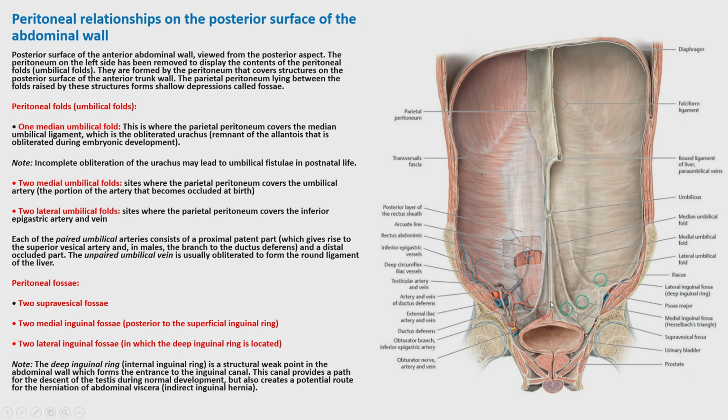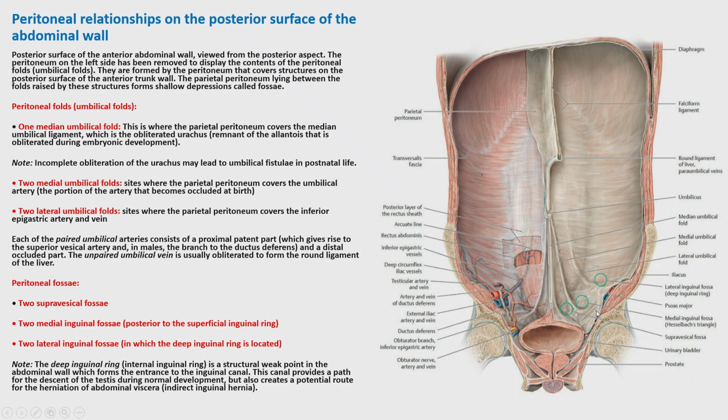So you see we have 5 folds. One is in the center, which is called the median umbilical fold. Then we have 2 medial umbilical folds, and we have 2 lateral umbilical folds. So 5 folds in the inner surface of the abdominal wall, in the lower part of the umbilical region.